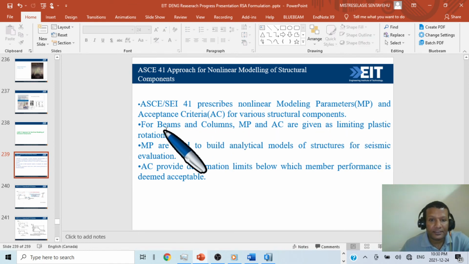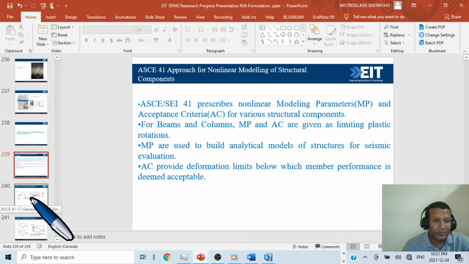So that is the only problem, for the beam, for the column, everything. The modeling parameters are used to build the analytical model of the structure for seismic evaluation and acceptance criteria, everything.